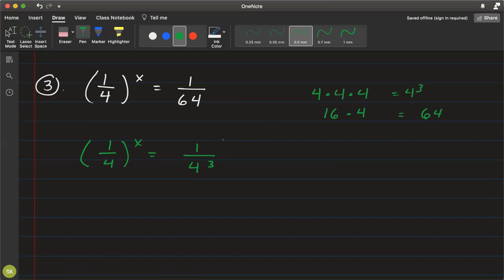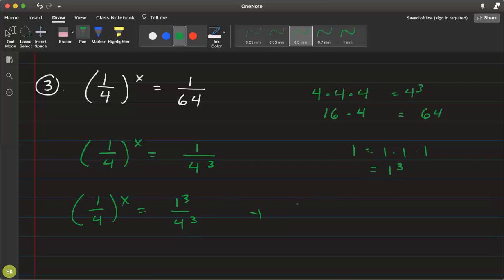One thing I can do is pull this 3 outside of everything because 1 is equal to 1 times 1 times 1, which is 1 cubed. So instead of putting this 1 here, I could write 1 cubed. So here's one option. And then I can take that 3 out.